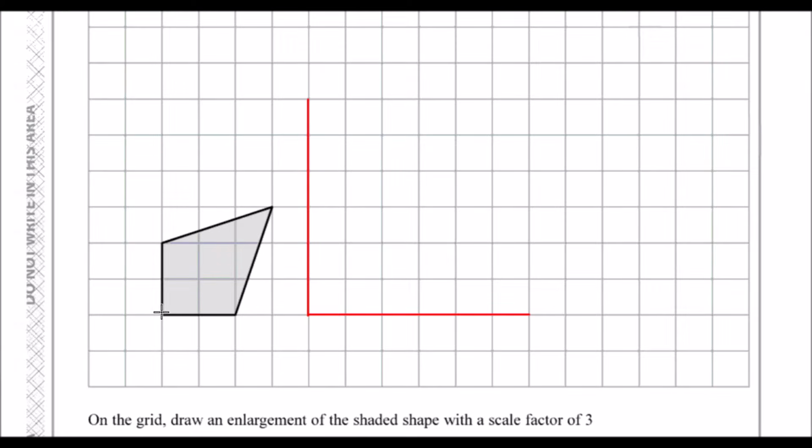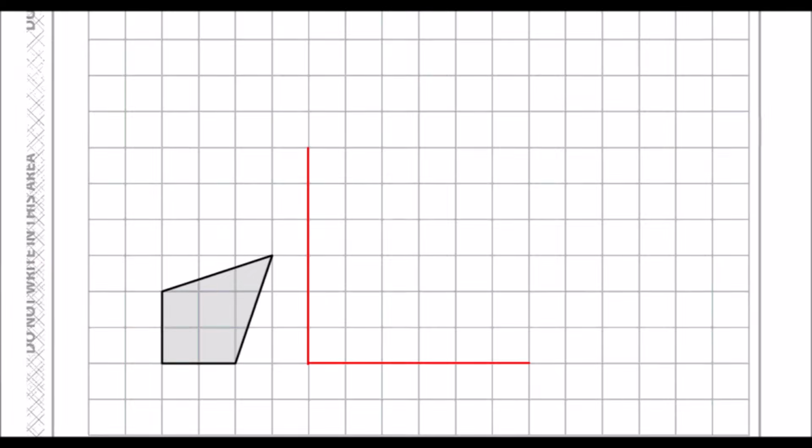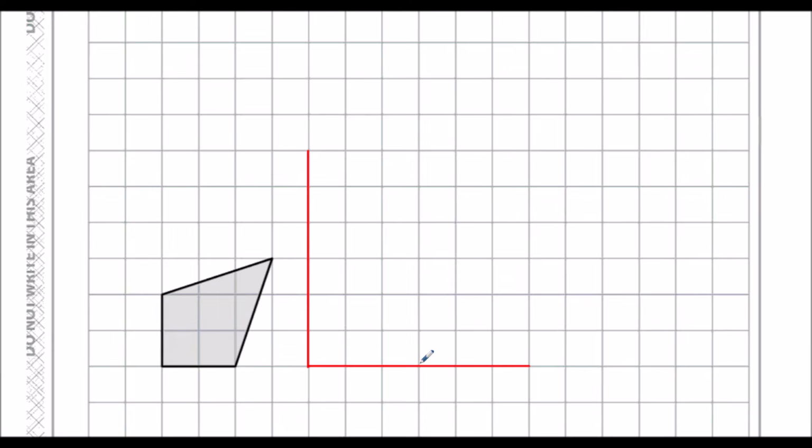In the original shape, it was along 3, up 3. So we're going to times that by 3. 3 3s are 9. So now it's along 9, up 9. So along 3, 6, 9, and up 3, 6, 9.